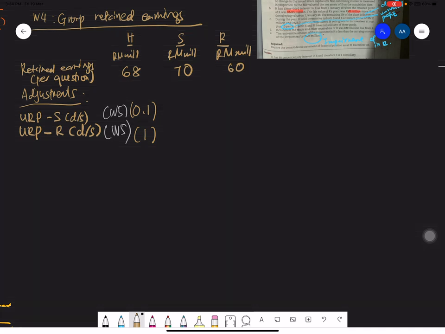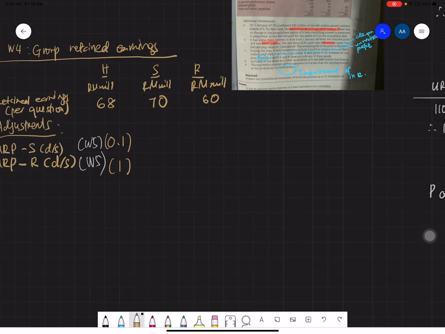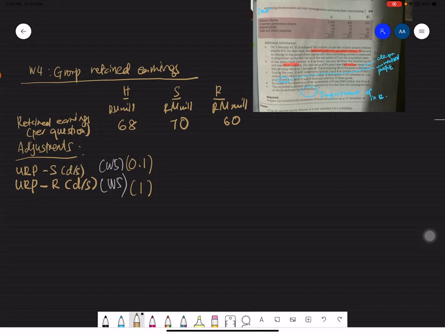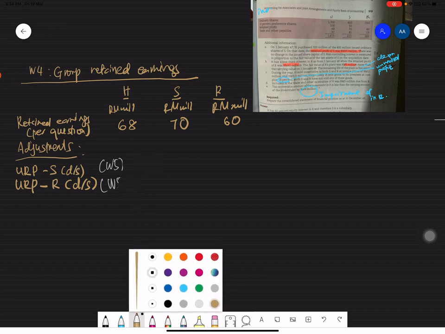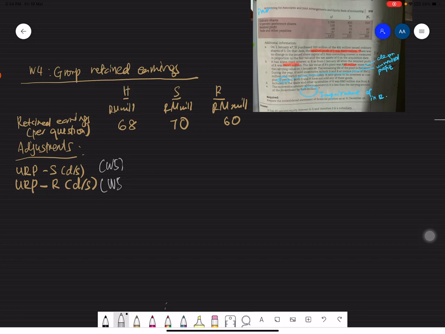For H and R it is 0.1, yes, it's the other way around.